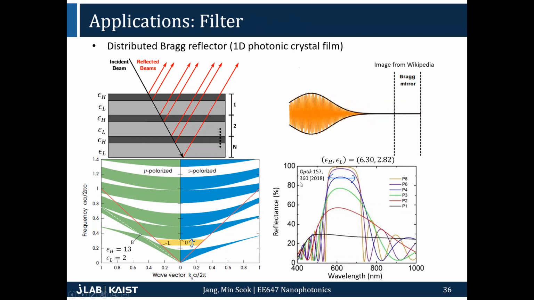And of course you can shift the position of the reflection band or the width of the reflection band by changing the permittivity of the material or the thickness of the materials, right? So that's another usage of photonic crystal.